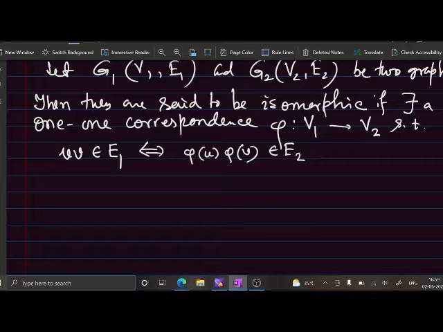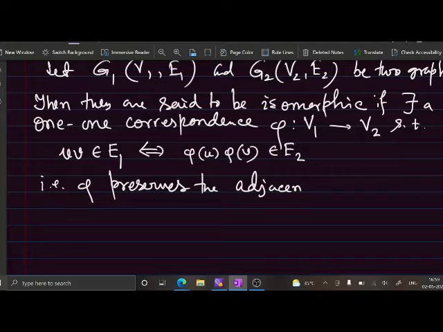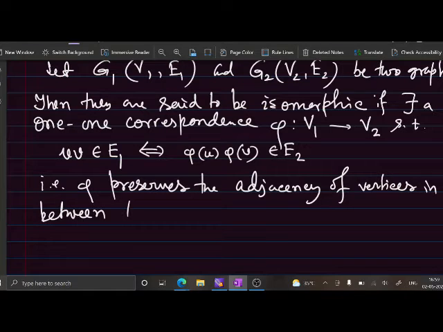Okay. So that is, phi preserves the adjacency of vertices in between the given graphs. Okay.